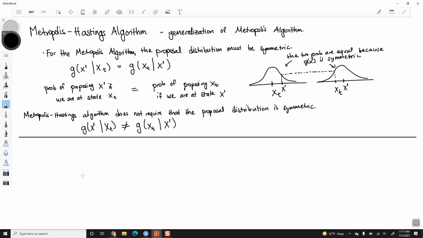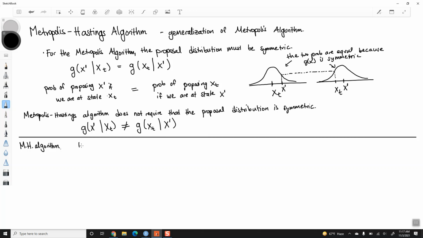Okay, so how does this work? Well, the Metropolis-Hastings algorithm, I'm going to just abbreviate this, the MH algorithm, works very similar to the Metropolis algorithm. It's just that the proposal distribution is not necessarily symmetric.